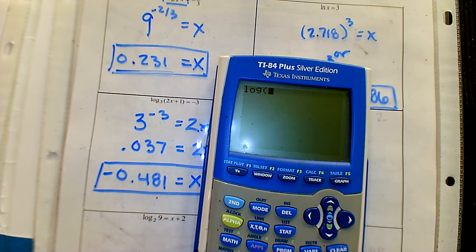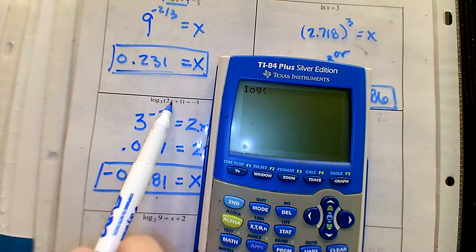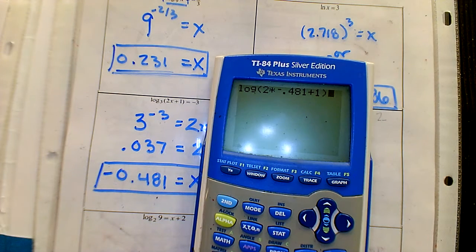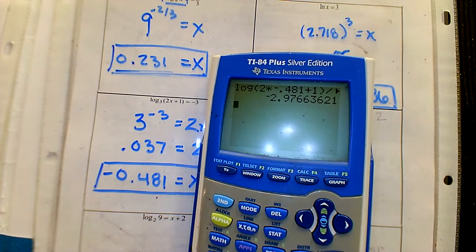Okay, so we would need log of the argument. Now the argument is 2 times x plus 1, so we can type in 2 times the negative 0.481 value that we found, and then plus 1. Close off the parenthesis, and then we'll divide that by log of the base, which was 3.